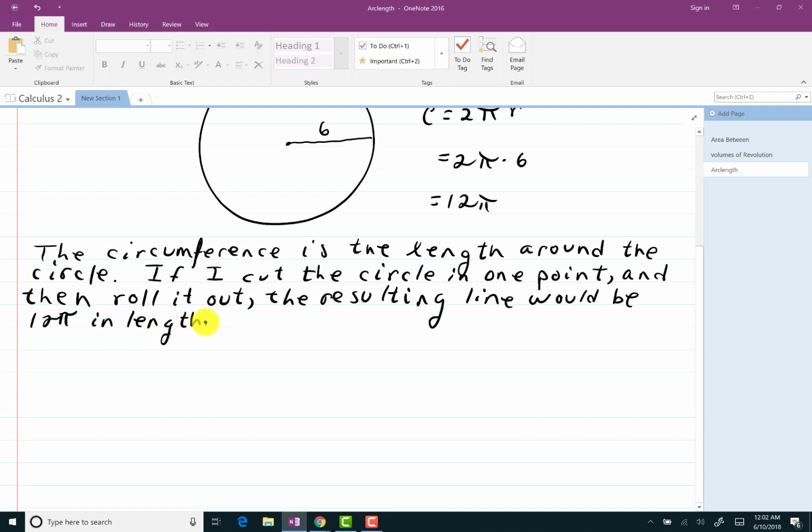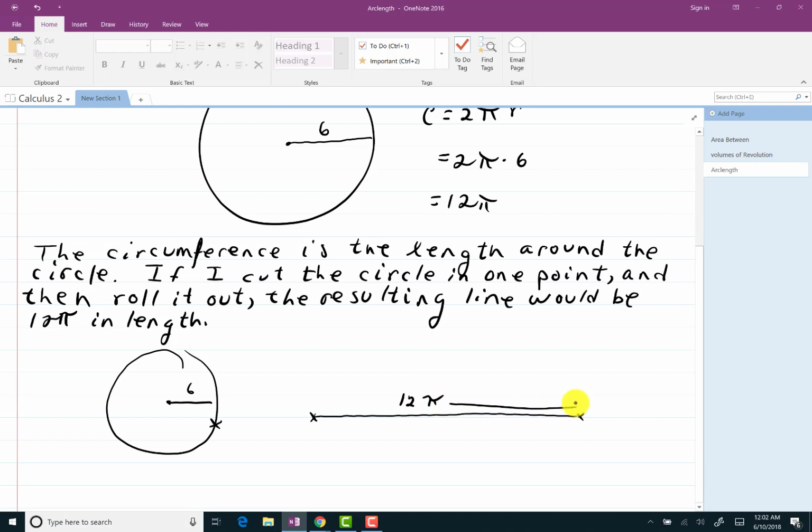So basically the idea is this: got my circle, radius of 6, I make a little snip here, and then roll it out until I get to that snipped point again, and that would be 12 pi, how long it is.